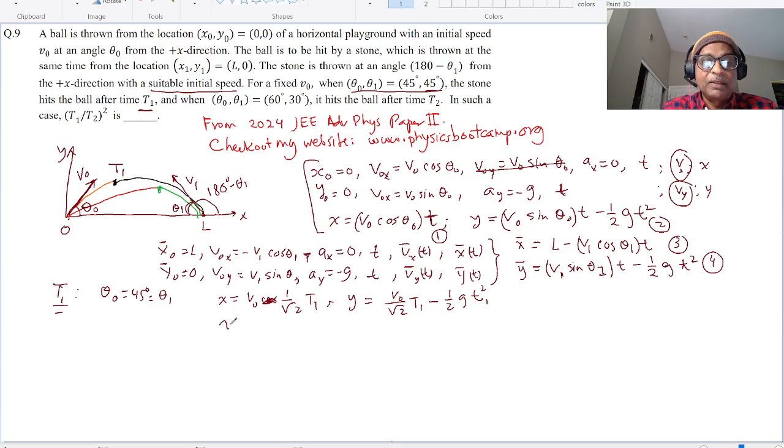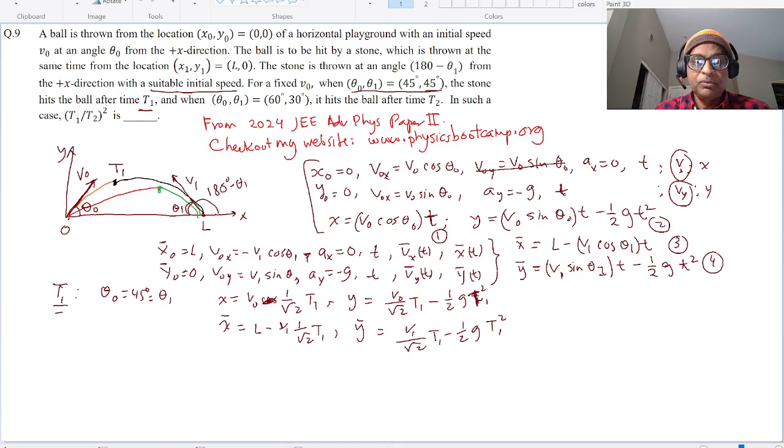This, and x bar, guys, I get L minus v1 1 by square root 2 t1, and y bar equals v1 over square root 2 t1 minus half g t1 square.